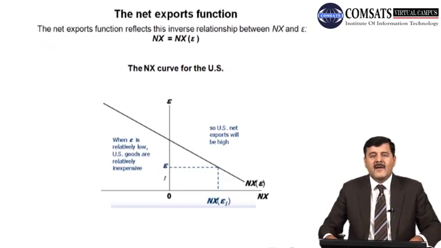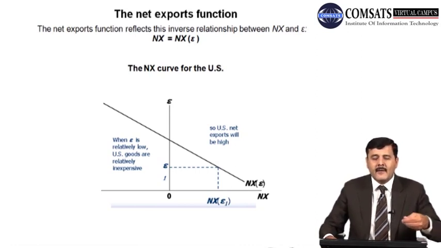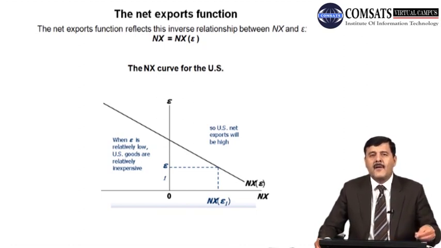Now we'll try to further explain the relationship between the real exchange rate and net exports with the help of the diagram given below, which you can see in front of you. As we said, net exports is a function of the real exchange rate. The real exchange rate negatively affects the net exports of an economy.